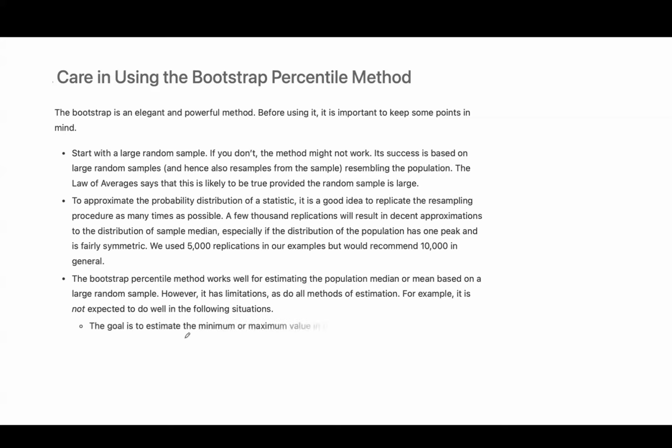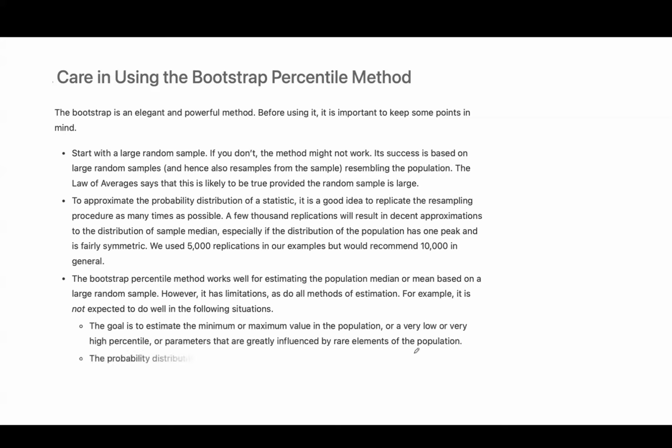If the goal is to estimate the minimum or maximum value in the population, or a very low or very high percentile, or parameters that are greatly influenced by rare elements of the population. The probability distribution of the statistic is not roughly bell-shaped. The original sample is very small, say less than 10 or 15.